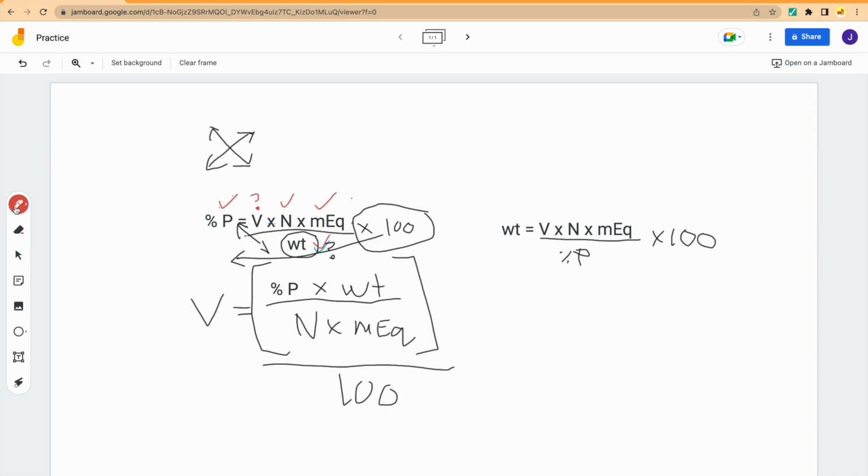What about the normality? What if it's the normality that you're trying to know? Okay, I don't know the normality of my titrant, but I know the volume, I know the purity of the substance, the weight, its MEQ. So same as your volume, okay? So let me write it down here fresh so that you can see.